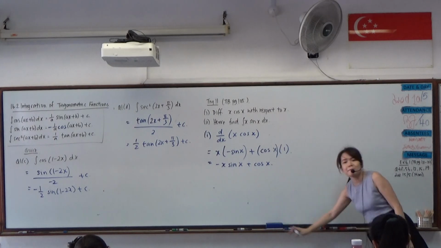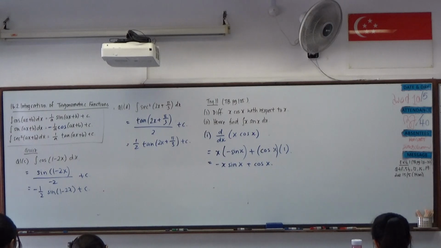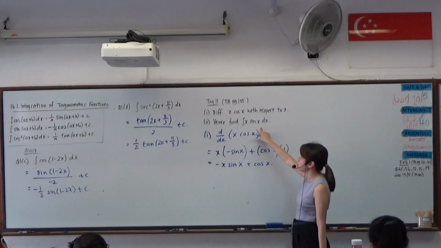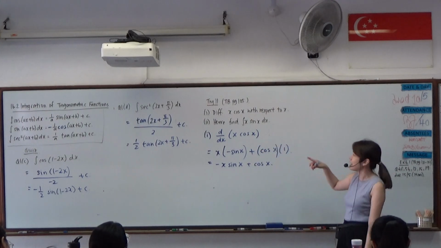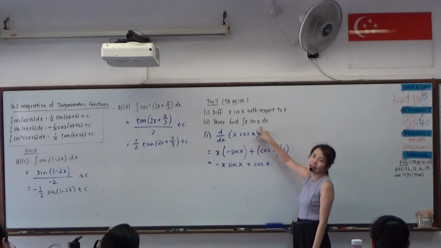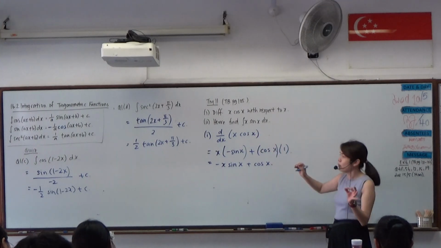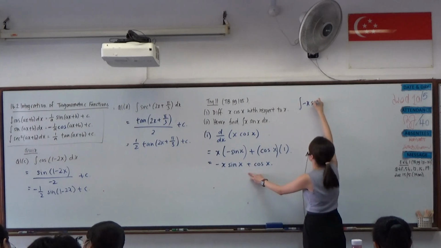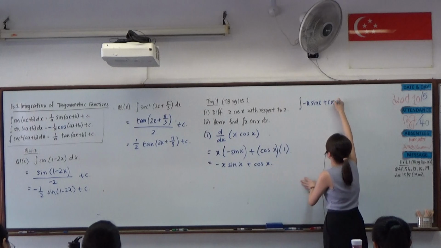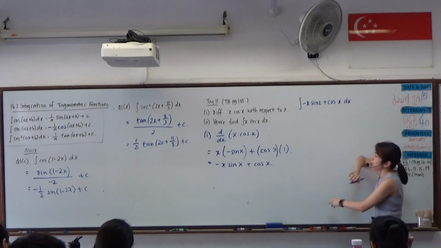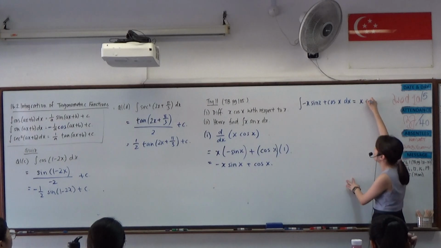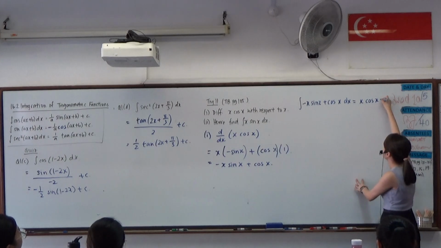Okay, so in part 2, it is not as straightforward as what we were doing earlier on and what we saw in our quiz itself. The question says, hence find the integration of x sine x. Let us always start off with integrating whatever we got as our answer in the earlier part, because once we integrate this, it is going to become the original, which is x cosine x plus c.